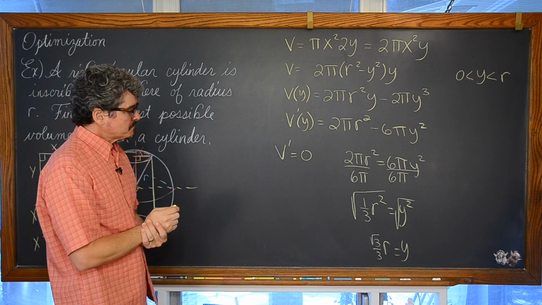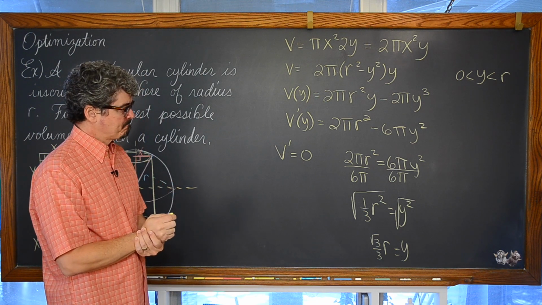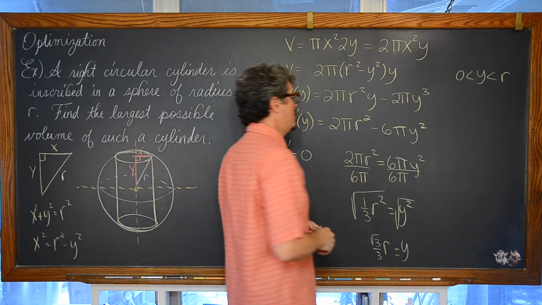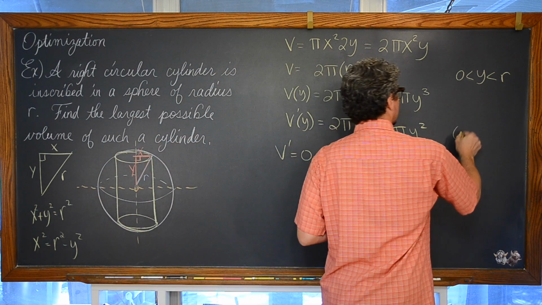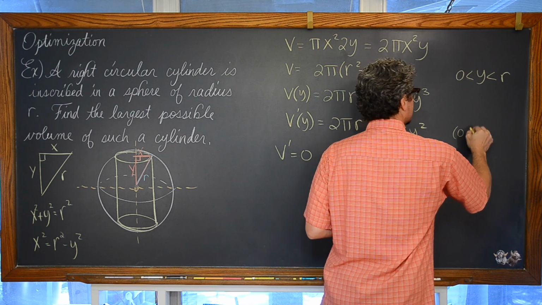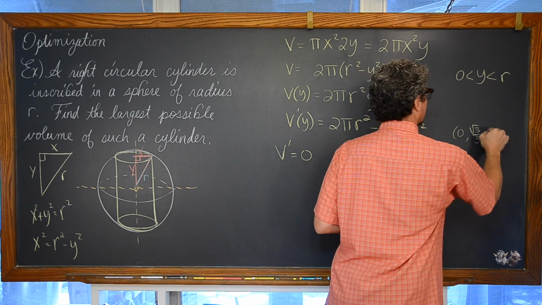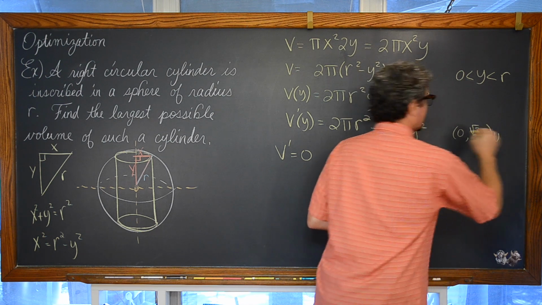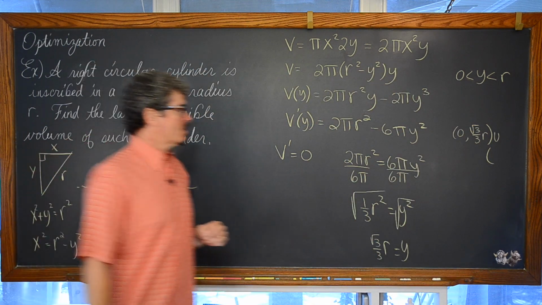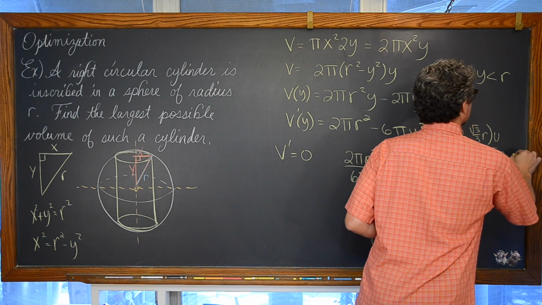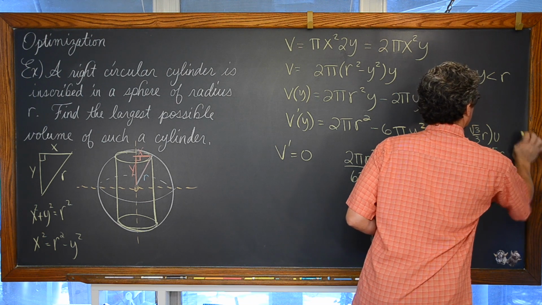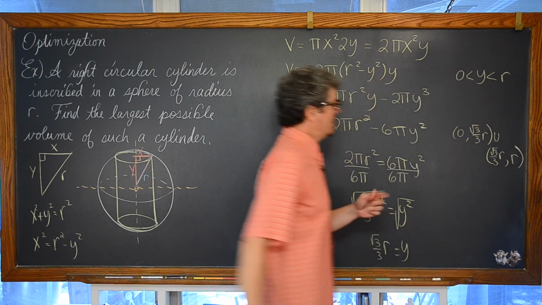First or second derivative test. Now, there's two things you can do. You can either look at your first derivative and analyze the interval from 0 to square root of 3 over 3 r, and then analyze the interval from square root of 3 over 3 r to r.